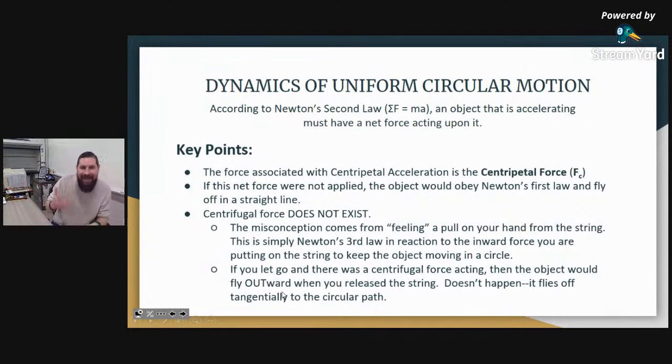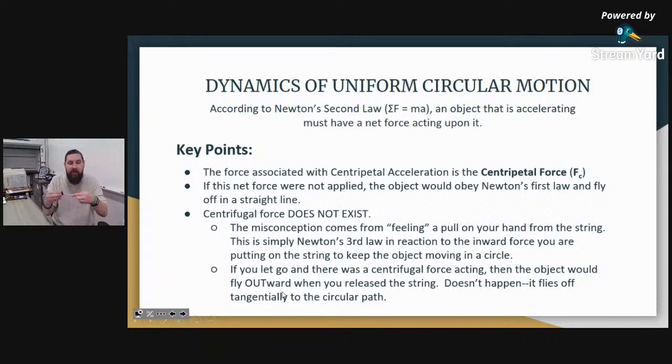If there was actually centrifugal force, which again, there's not, and there's a force always exerting outwards, this imaginary centrifugal force, then when I let go of it, that force would cause it to move off in a straight line. That's not what we see. We don't see it move in a straight line directly outwards from its circular path.